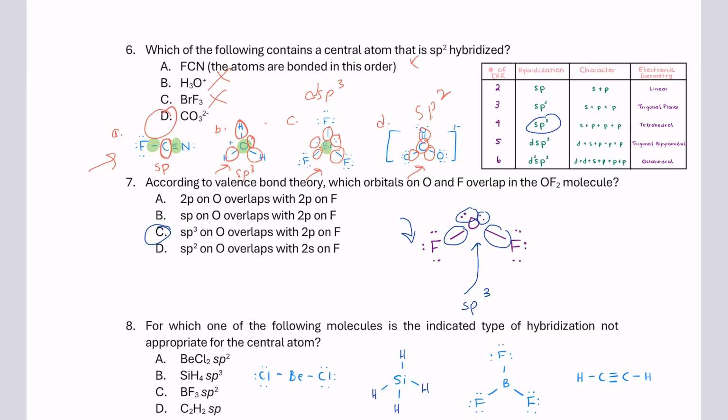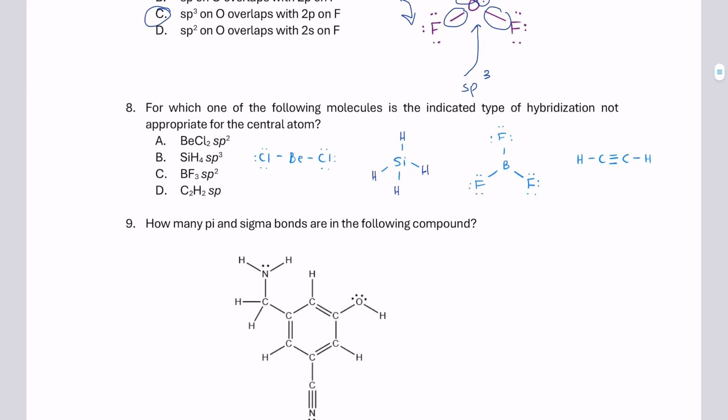Problem 8 says, for which of the following molecules is the indicated type of hybridization not appropriate for the central atom? So here we have A, B, C, and D, and I went ahead and drew the Lewis structures for each for sake of time. This can be good practice for you to attempt to draw these on your own and see if you can get the same correct Lewis structure.